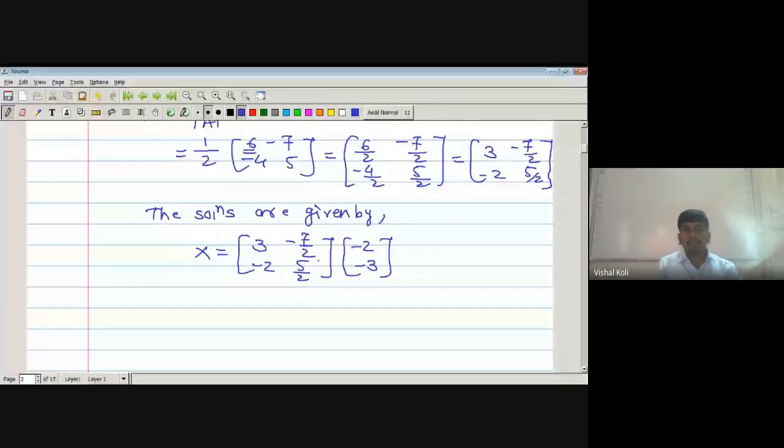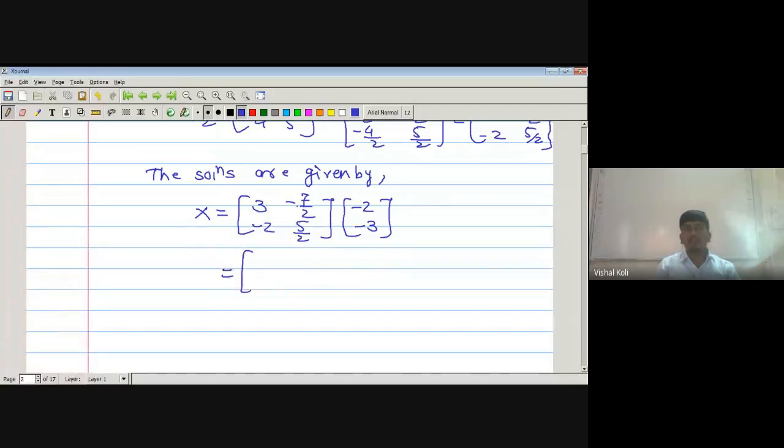Then we get 3 into minus 2, which is minus 6, minus 7 by 2 into minus 3, which is plus 21 divided by 2. Now minus 2 into minus 2 is plus 4, and 5 by 2 into minus 3 is minus 15 divided by 2.